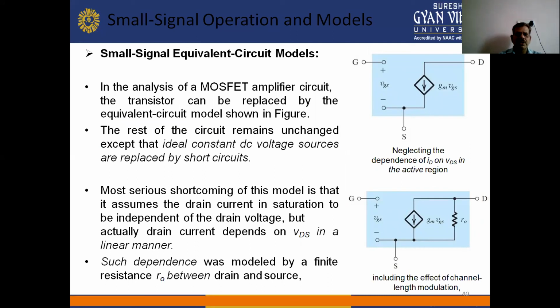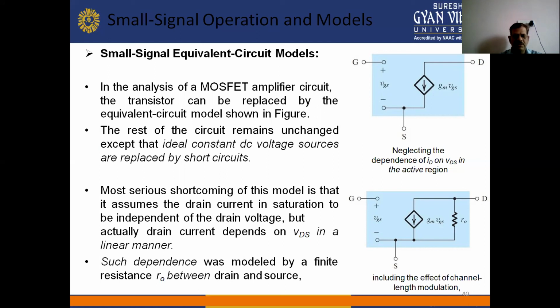In small signal equivalent circuit models, in the analysis of a MOSFET amplifier circuit, the transistor can be replaced by the equivalent circuit model as shown in the figure. The rest of the circuit remains unchanged except that ideal constant DC voltage sources are replaced by short circuits. The most serious shortcoming of this model is that it assumes the drain current in saturation to be independent of the drain voltage, but the actual drain current depends on the voltage vDS across drain to source in a linear manner.